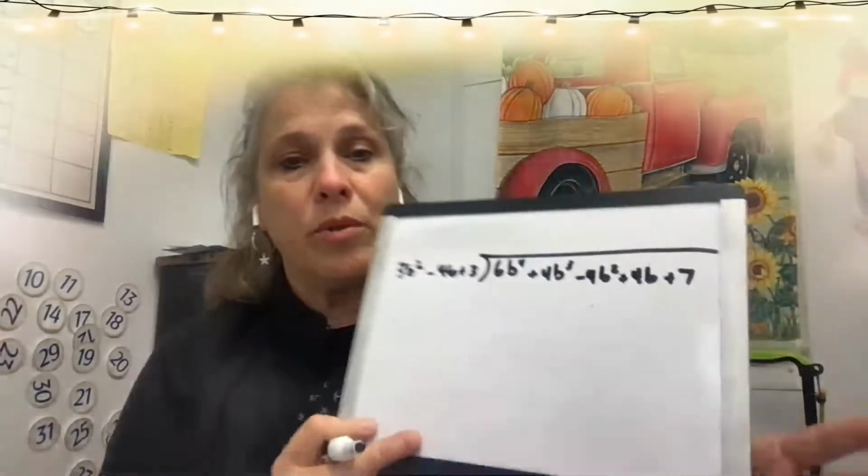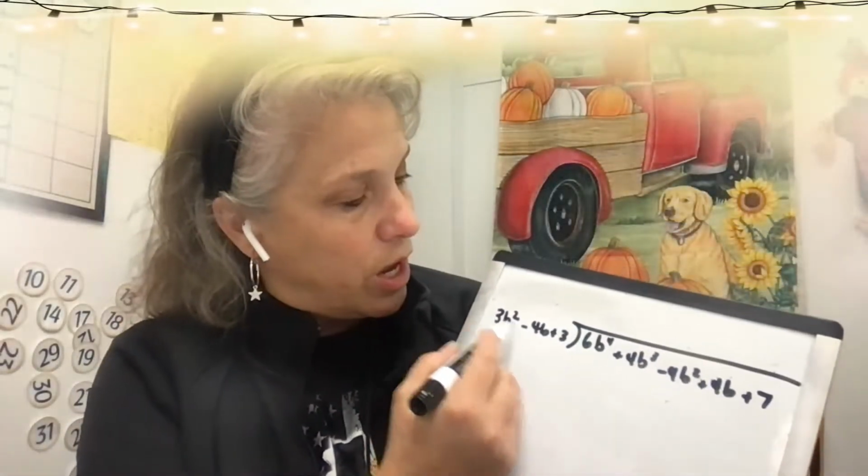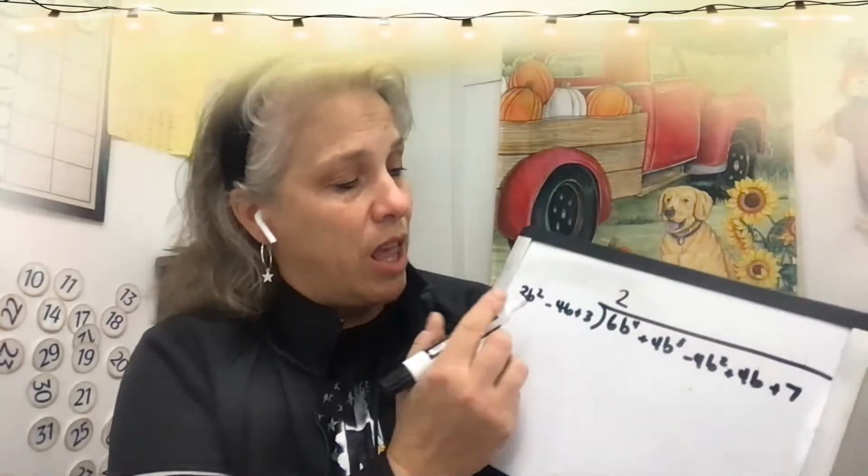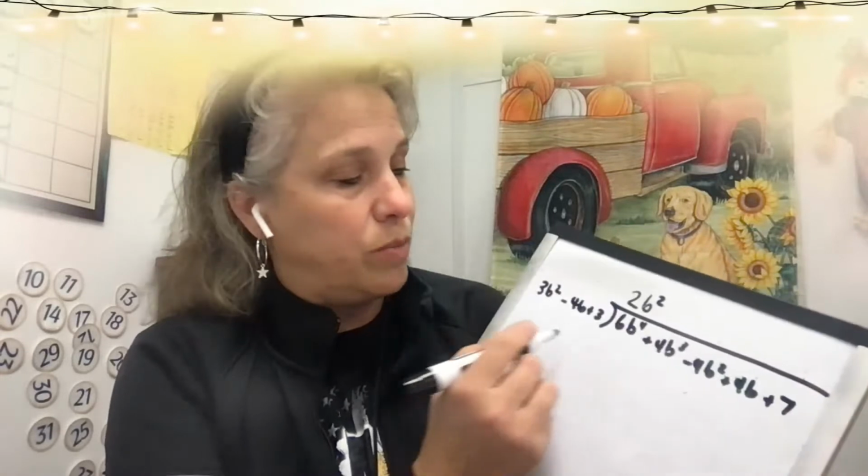So right now I'm going to get started. I'm going to say what times 3b squared gets you 6b to the fourth? 3 times 2 is 6, and then b squared times b squared is b to the fourth. So I'm going to start out with 2b squared.